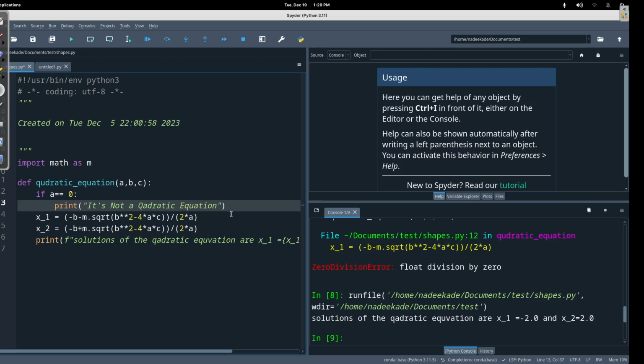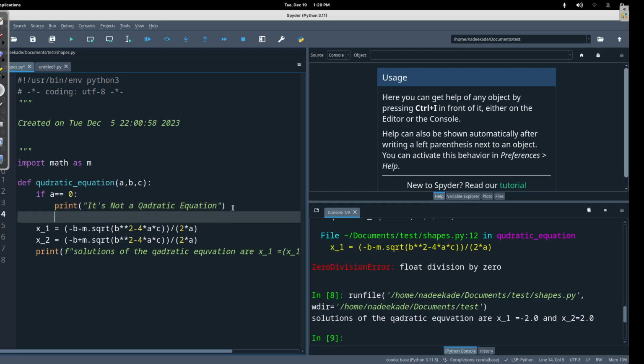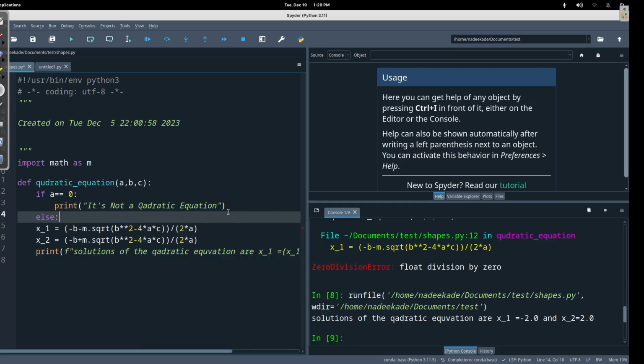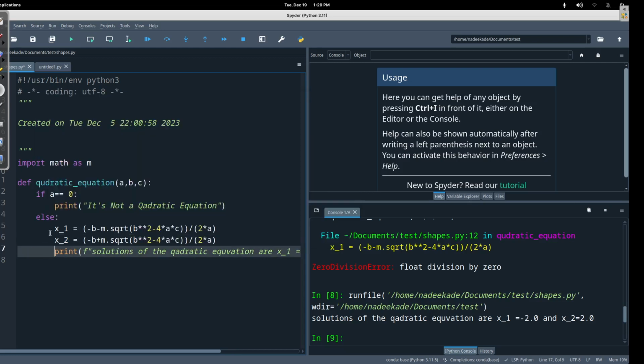Else, we solve the equation like this and print the results. Okay, so in this situation I have to move them, indent them by 4 spaces, because they are inside the else part.